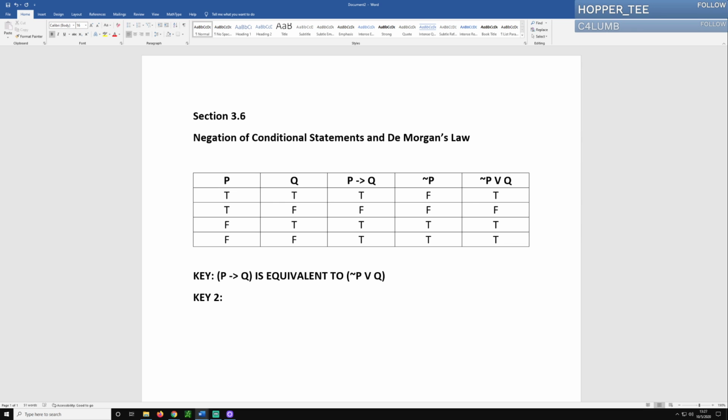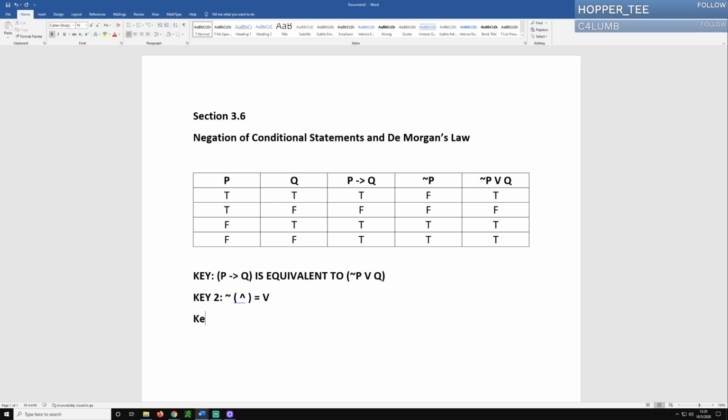If we negate an and, that turns into an or instead. So negating and, the opposite of and is or. Likewise, not or would be equal to and.